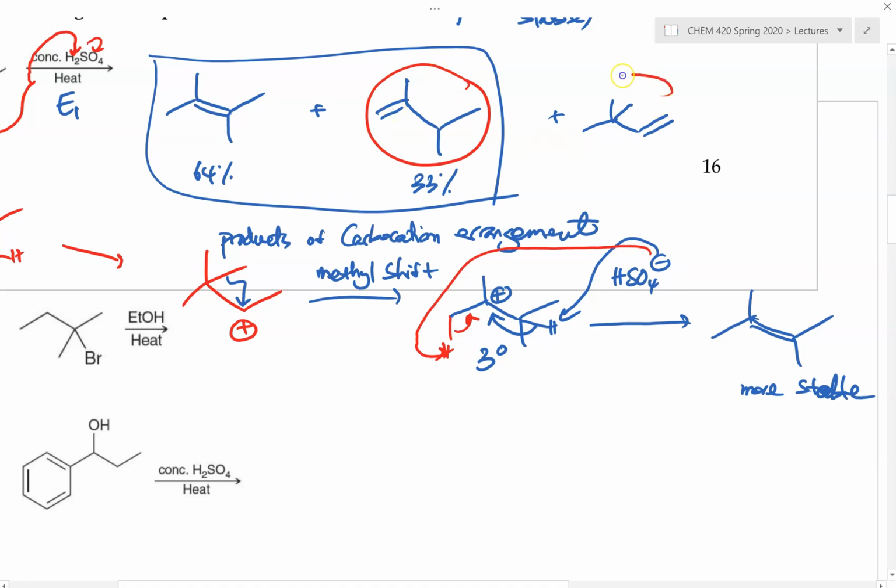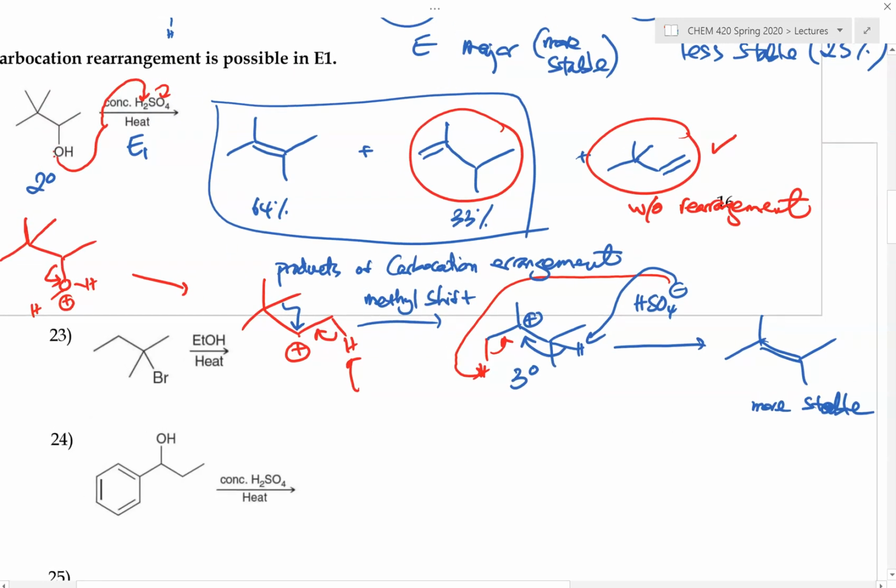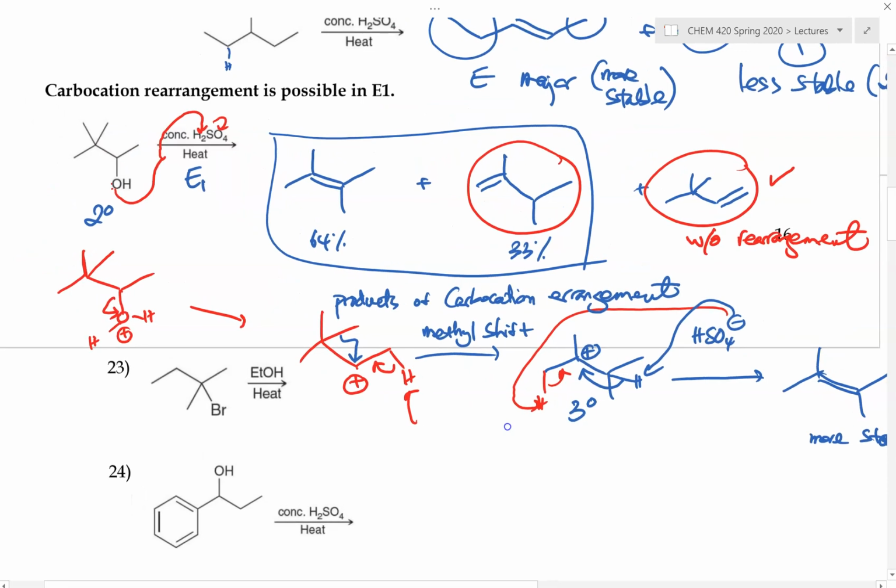And this product will then be the product without carbocation rearrangement, where at this step we can simply have the base come in to pick up this hydrogen to donate the electrons in and form this product above here. So we'll form a mixture of both the rearrangement products and the product without the carbocation rearrangement. And again, the major product would then be the most stable alkene from the carbocation rearrangement mechanism.